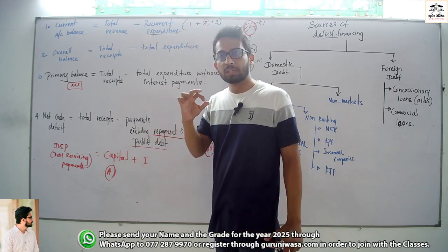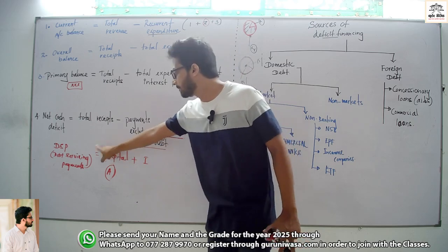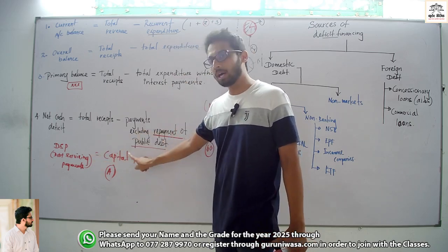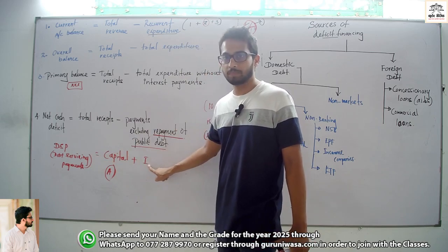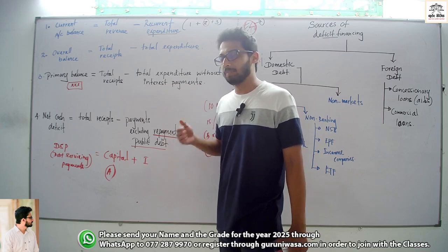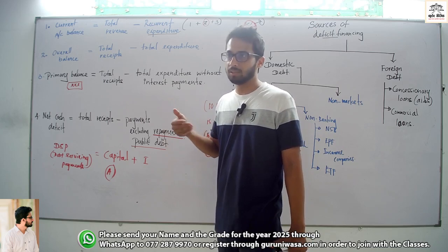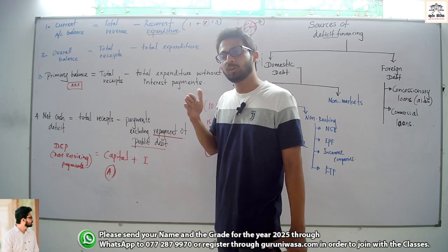A loan installment, or debt servicing repayment, includes two parts: capital part and interest part. Are you okay with this? Example: when the Sri Lankan government pays loan installments, loan repayment to other countries, it includes two parts.